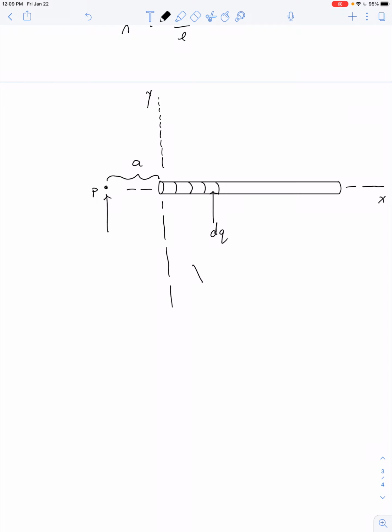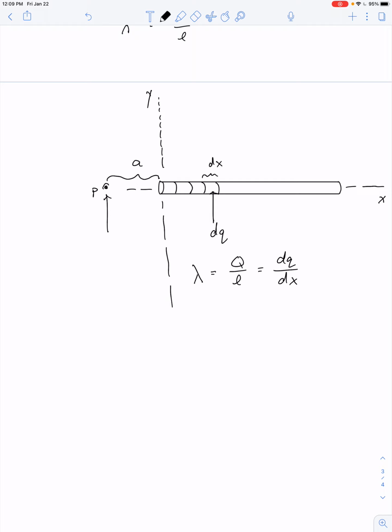And we make note that we can either find the linear charge density by dividing the total charge by the total length, or by dividing that fractional amount of charge by the fractional amount of length that it takes up.